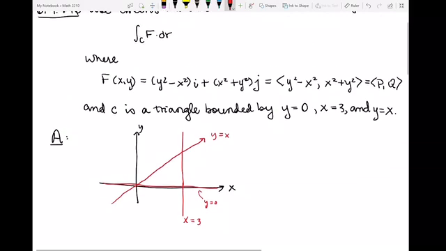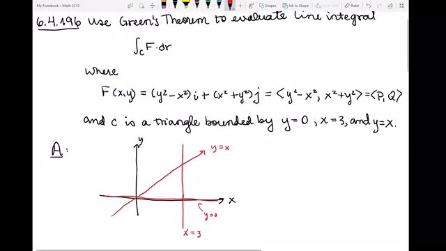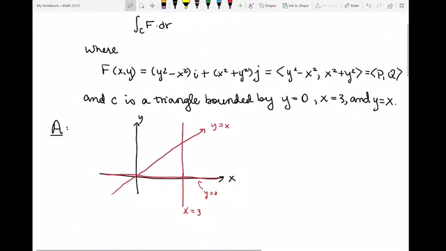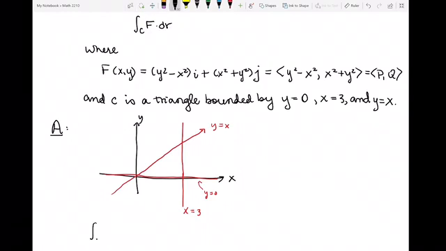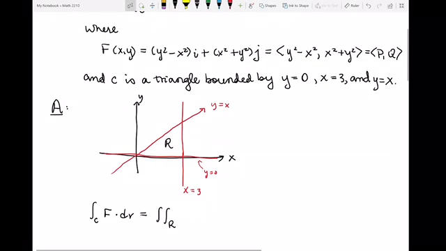Okay, now what we're asked to do is evaluate the line integral over that path, right? So the way that we do this is we use a fact, which is the tangential version of Green's theorem, and it says that if I have this over some closed curve C, then I can write this as equal to the double integral over the region contained by C. So this is our region, and then this is going to be Q, this component here.